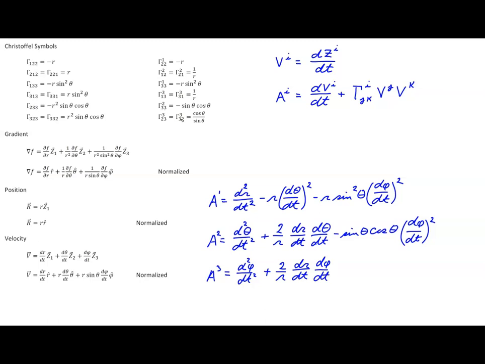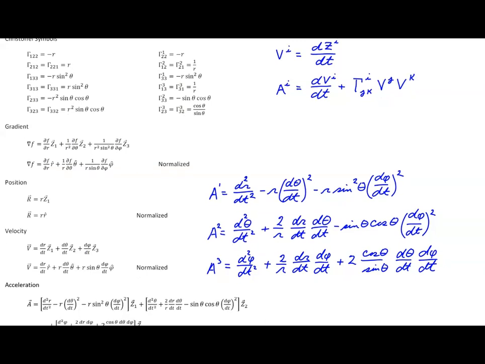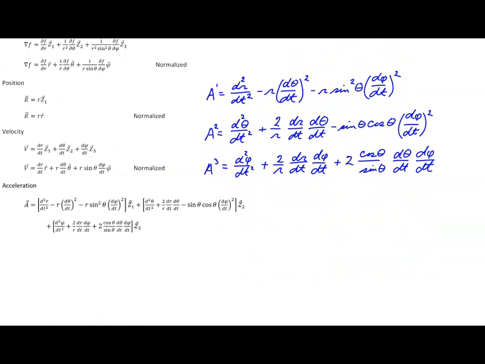And then this one is, again, there are going to be two of them because they're equivalent terms here. We can flip the order of the indexes. So there'll be 2 times cosine theta over sine theta, and velocity components v2 and v3. v2 is d theta dt, and v3 is d phi dt. So with that, we have the acceleration, and it looks just like this.